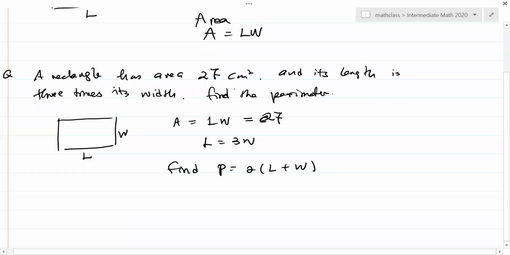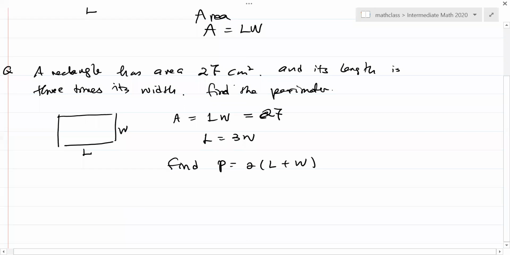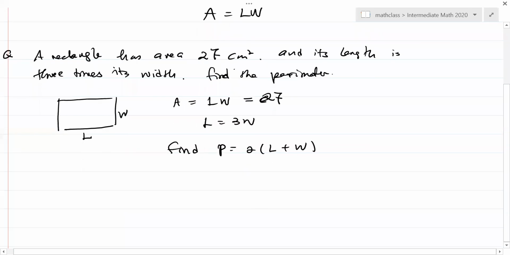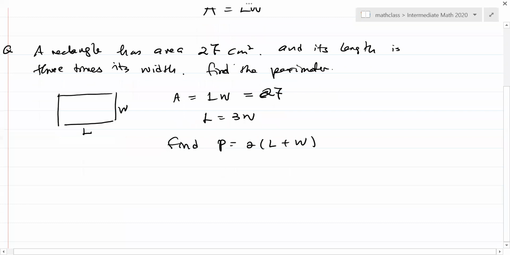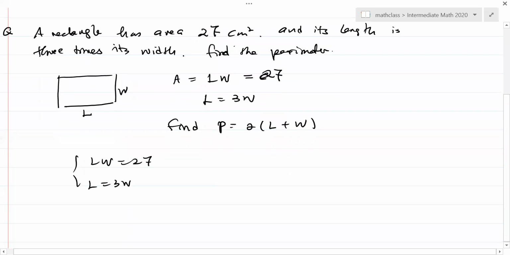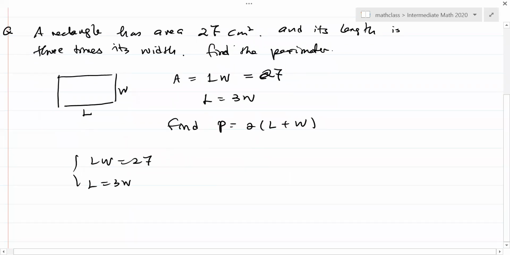So from here, what can you do? Because L is going to be 3W, if you find the width, you can find L. Now, how do you find the width? You are given 2 equations here: LW equals 27 and L equals 3W. One of them is not a linear equation, but you can replace L by 3W.